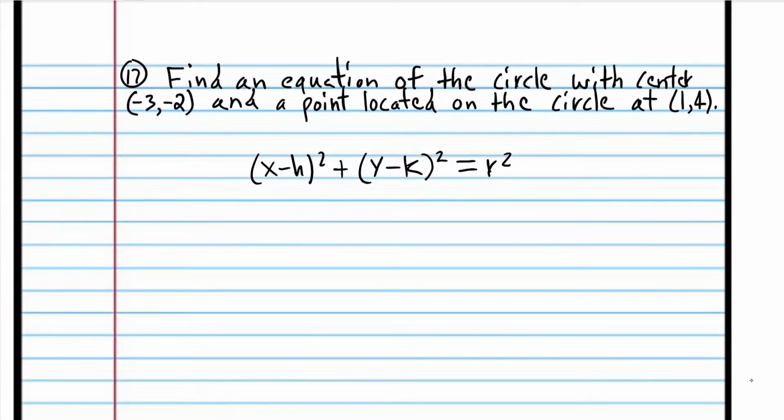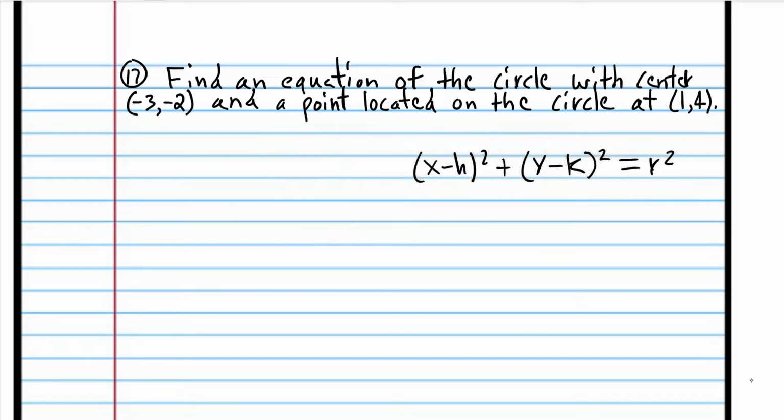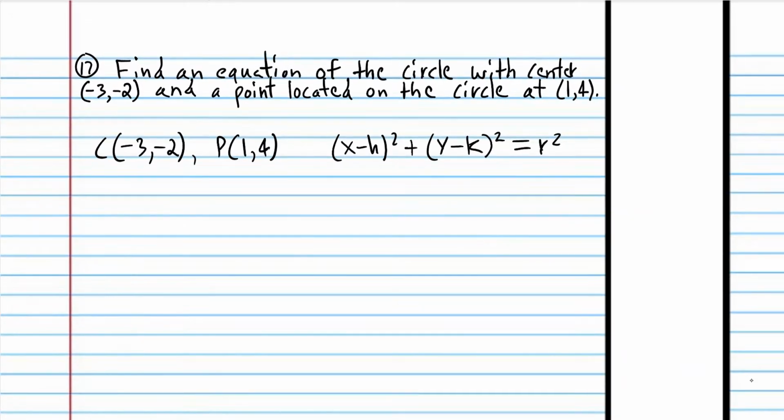Now, what do we know? We know that the center is -3, -2, so I'm going to label it with a C. And we also know that there's a point on the circle. I'm going to call that P, 1, 4. So what do we do? Well, we plug in the x value of our point, and then we subtract the x value of the center.